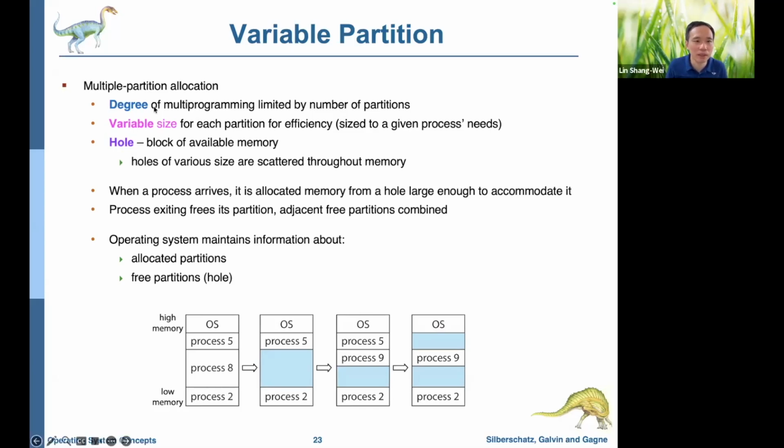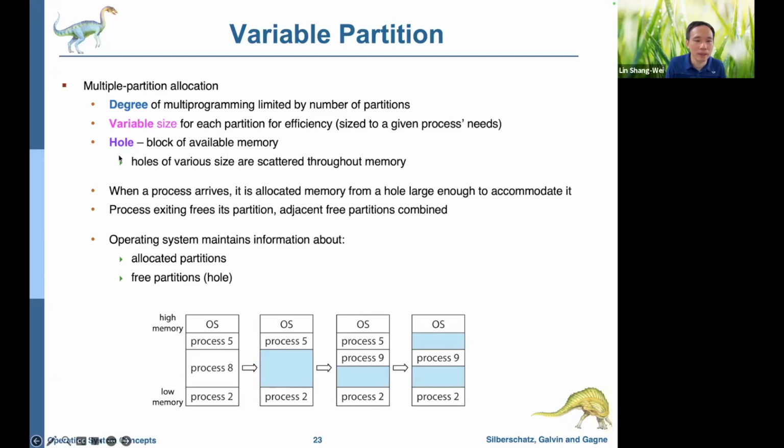Here we are talking about the degree of multiprogramming: how many processes are executed at the same time. This is limited by the number of partitions. For example, if you only have 10 partitions in memory, including the OS you can have at most 9 processes running in parallel. This is the degree of multiprogramming.